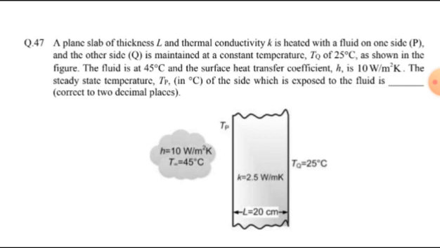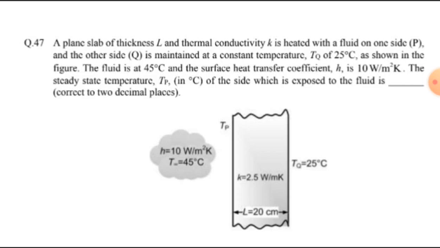This is a plain slab; through a fluid the heat is passed through the slab from one end to the other end. First, from the fluid to one end of the slab the heat is transferred through convection, and from one end to the other end of the slab it is transferred through conduction. So here there are two heat transfer modes, convection and conduction.